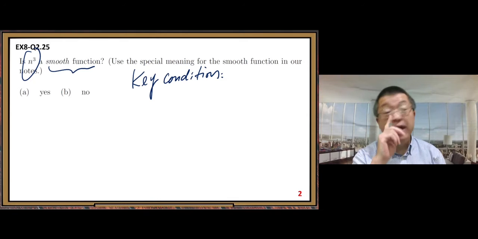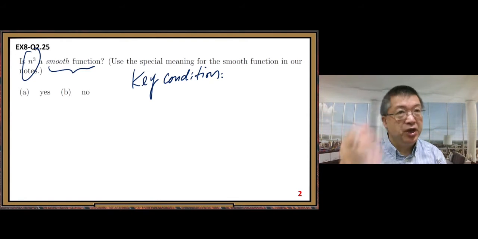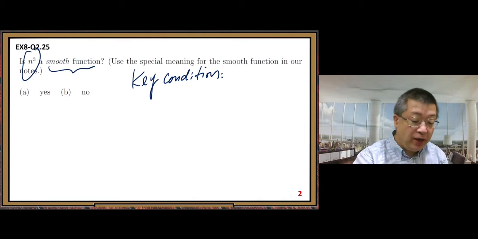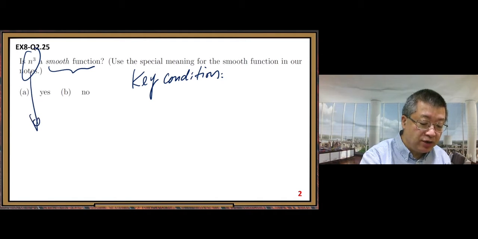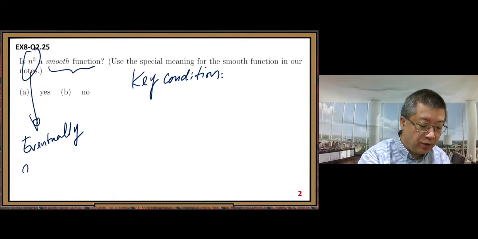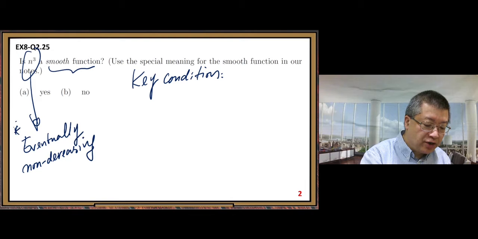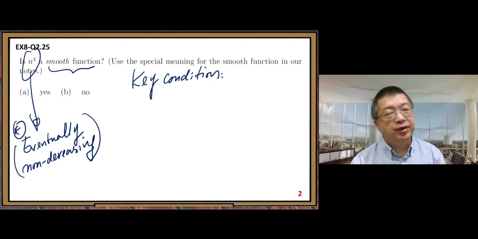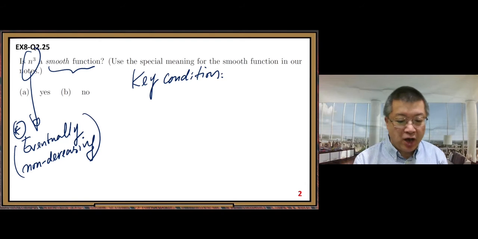But there is another condition that is relatively easy to check: eventually non-decreasing function. You check that first. Usually this step is very easy, so we do not need to spend much time on it.